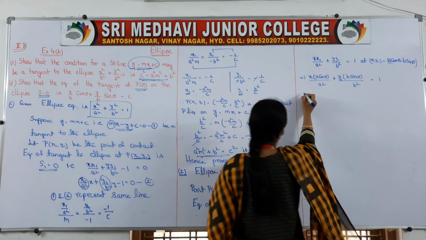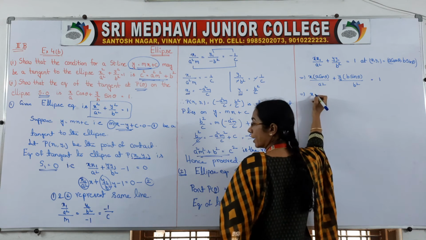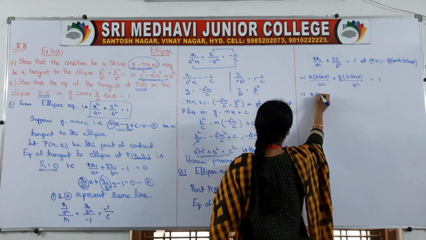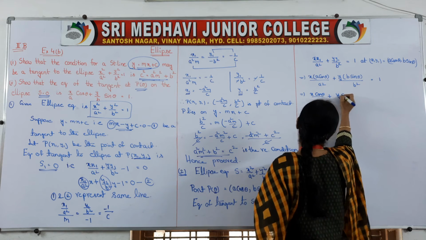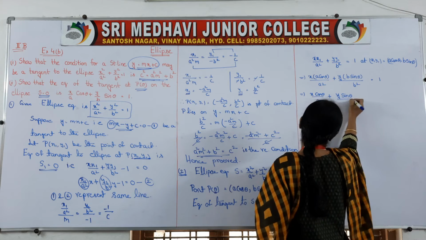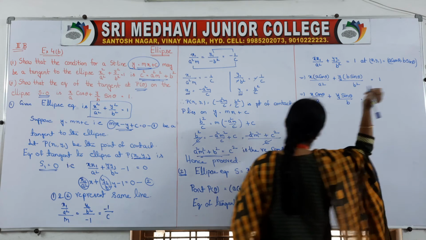A cancels. So, it is x cos theta by a plus y sin theta by b equals 1.